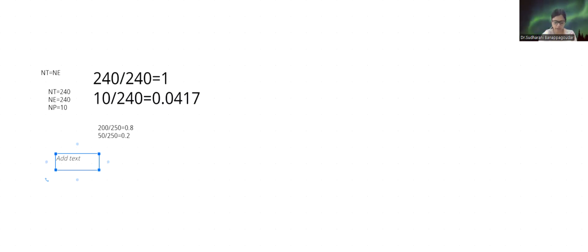When we substitute this, for NT and NE in the first example, 1 multiplied by 15, plus what we received for NP, 0.0417, multiplied by 5.